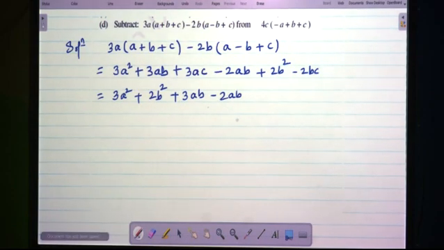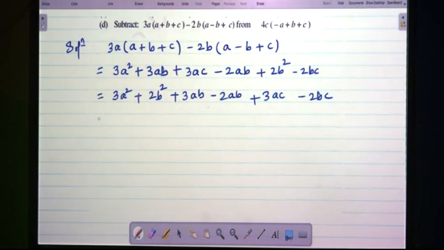After that plus 3ac and minus 2bc. My writing is not exactly in a line.